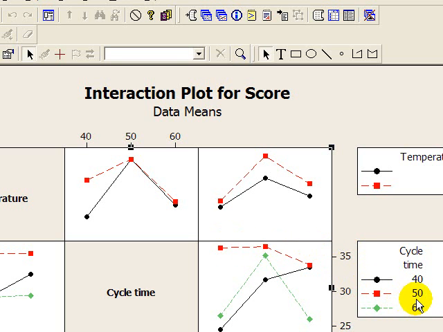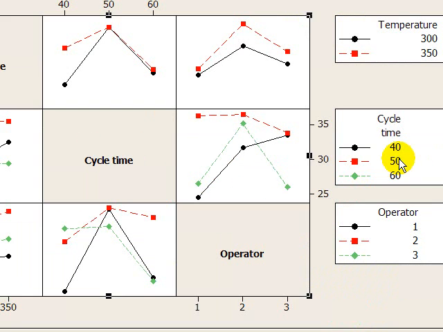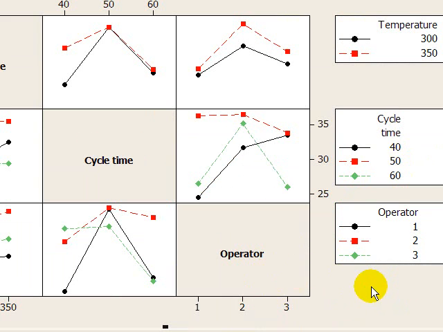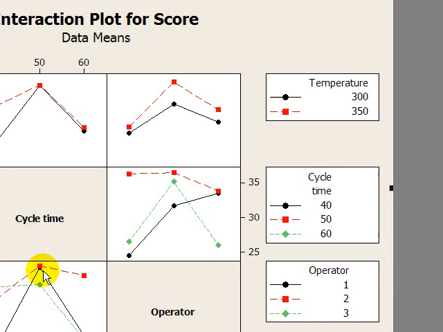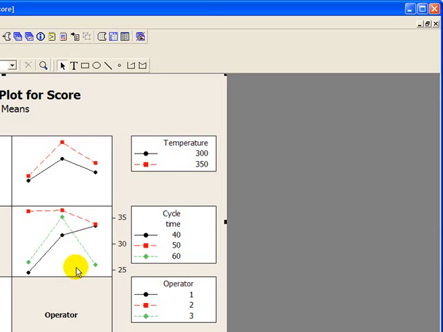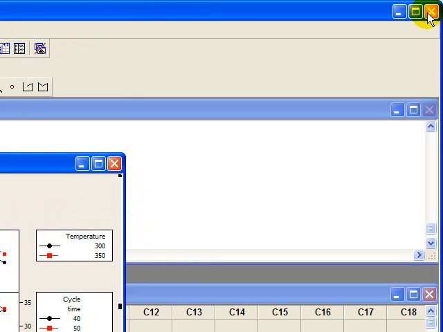So you would basically go for a red color line which is cycle time 50. And similarly for operator also the red line looks good, so second operator, right? So that is what you can tell from this graph, what are the ideal conditions for this experiment, right?